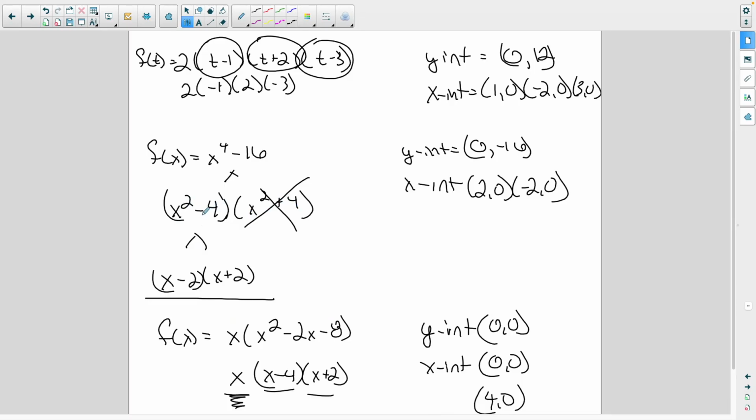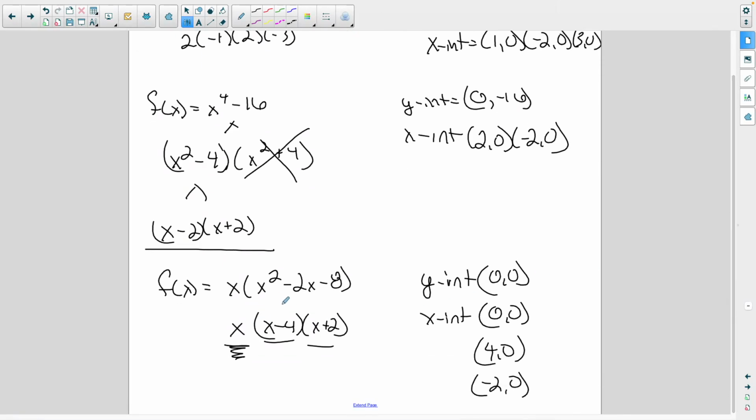But we do have x squared minus 4, and this is a difference of squares, just like the original problem, making it x minus 2 and x plus 2. So those x-intercepts would be 2 and -2. If we put 0 in for x, 0 to the fourth power minus 16, our y-intercept is (0, -16).